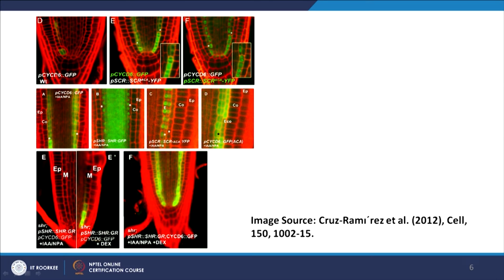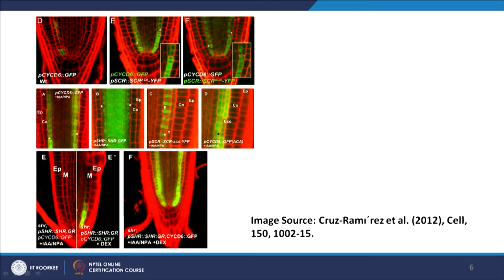But the important thing here is that, out of these extra layers, the endodermis is only the innermost layer, as you can see from the localization pattern of short root protein, which is always in the endodermis. Another important thing: this is short root protein complemented with a short root GR fusion.